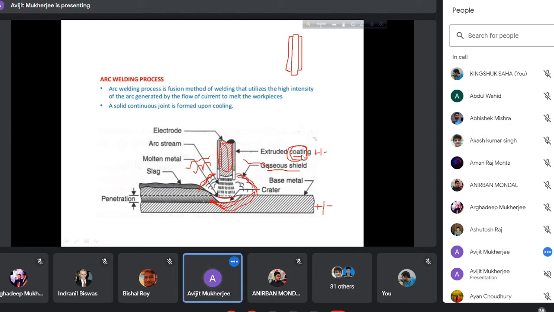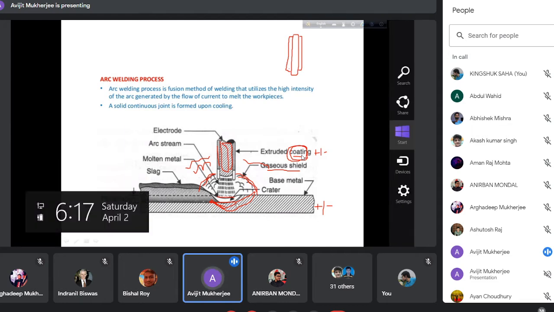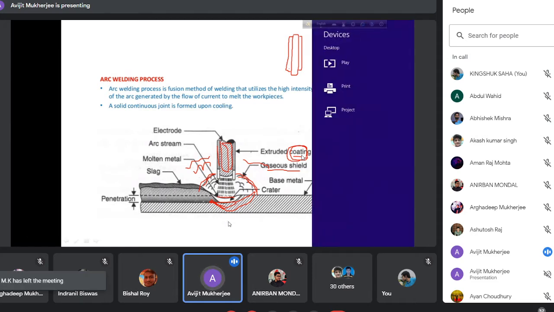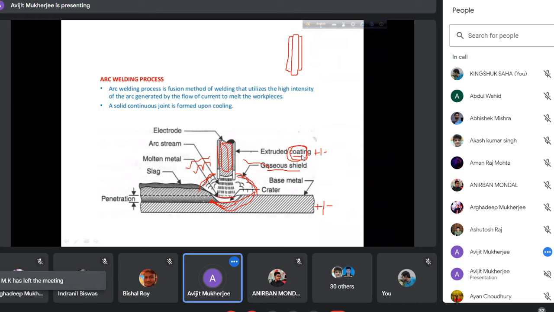So if the molten metal is unprotected, then immediately oxide layers will be formed. Oxide layer means in atmospheric air, so many contaminants are there: nitrogen, sulfur, oxygen is obviously there.